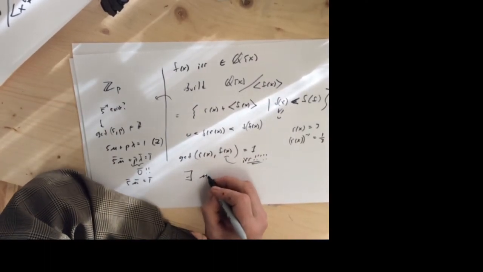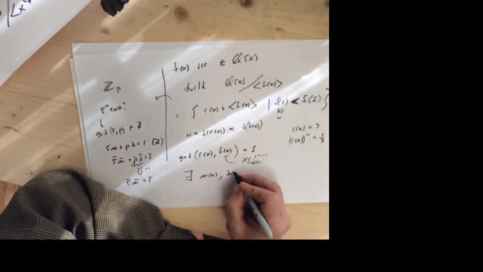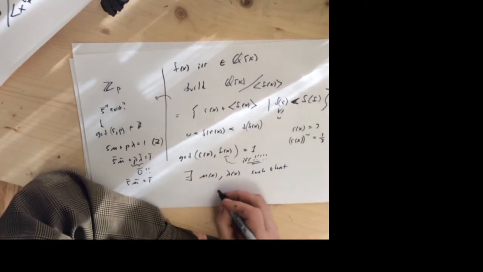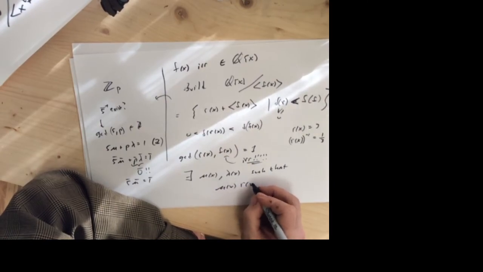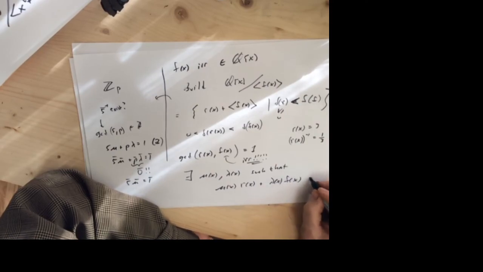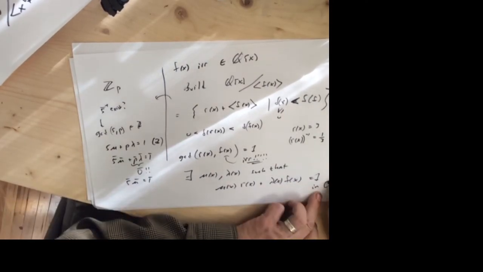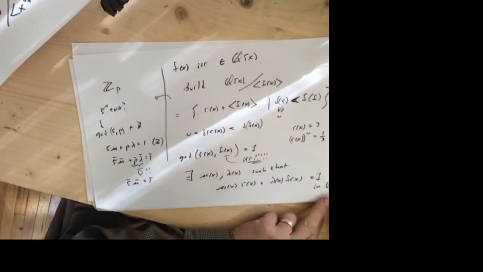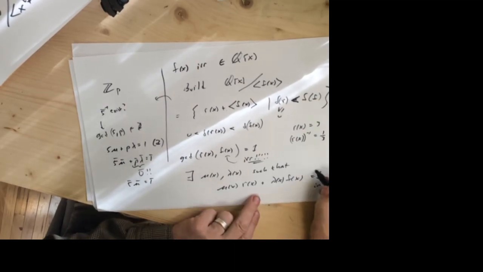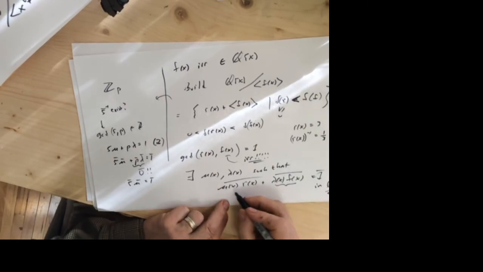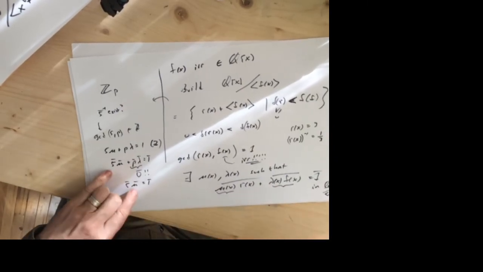There exists a mu of x and a lambda of x such that mu of x times r of x, plus lambda of x times f of x equals 1 in Q[x]. And then when we read it mod f of x, this becomes 0, and we have found the inverse of r of x.